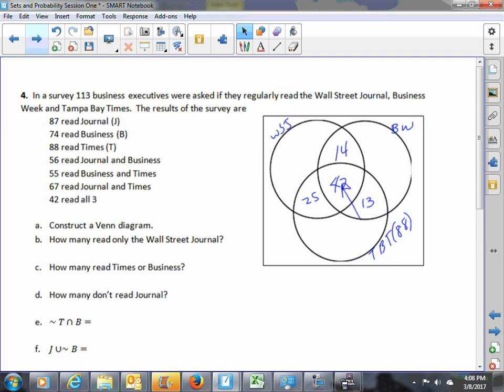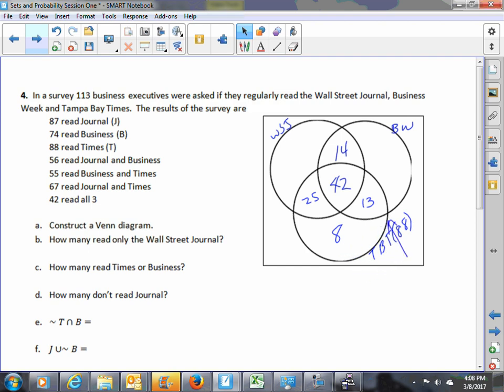Now, we have 42 and 13, that's 55, plus 25 is going to be 80. So 55 plus 25 is 80, and there's a total of 88, which leaves 8 for this part right here. So if we were to ask a little bit later, how many of these executives read only the Tampa Bay Times, the answer would be this 8 right here.